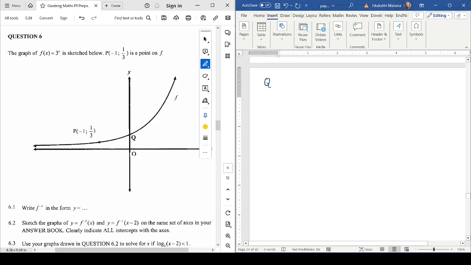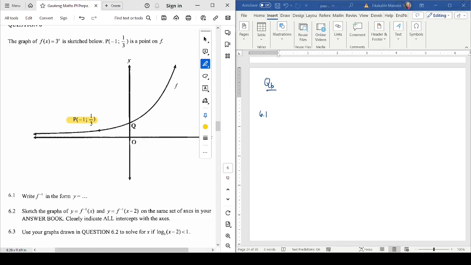Question 6. I see we have been given an exponential function. So the graph of f of x is equal to 3 to the power x is sketched below, and we're also given a point P, which is there. Now they're asking for 6.1.